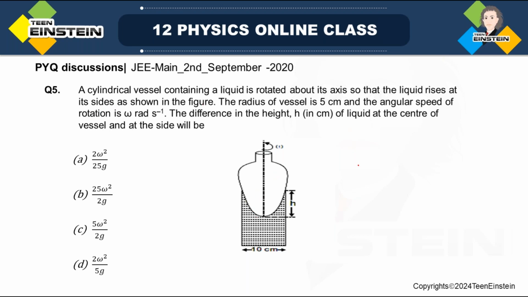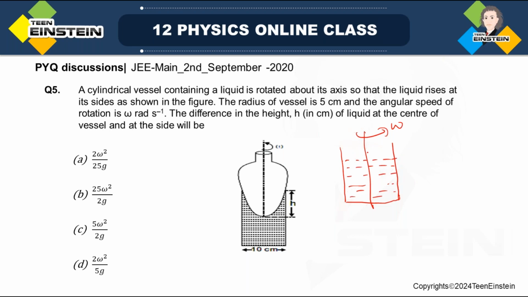If I just draw it here, suppose this is a container. Earlier the liquid level was like this when it was at rest. But when you start rotating this container with a certain angular velocity, what will happen?